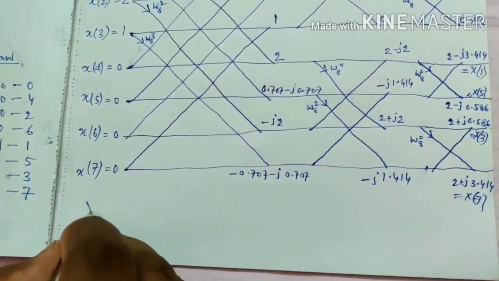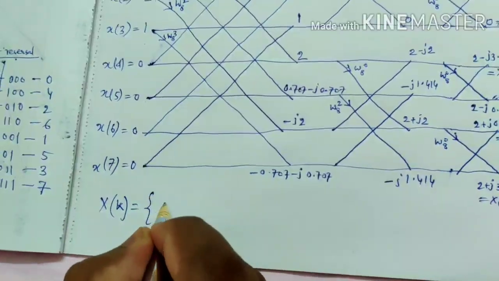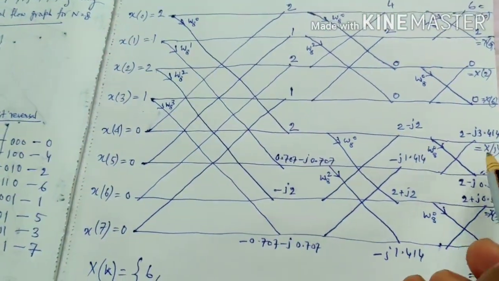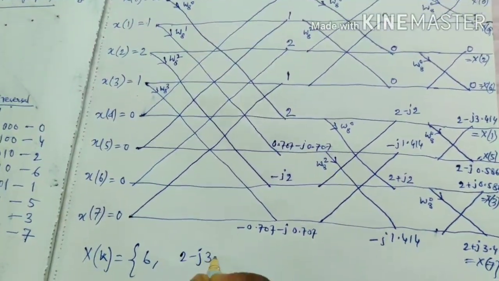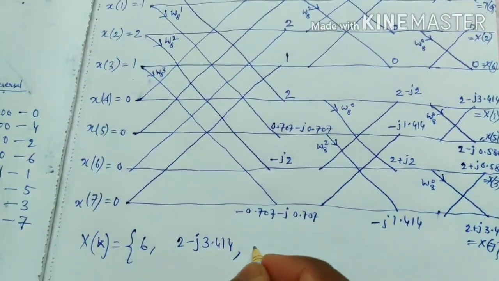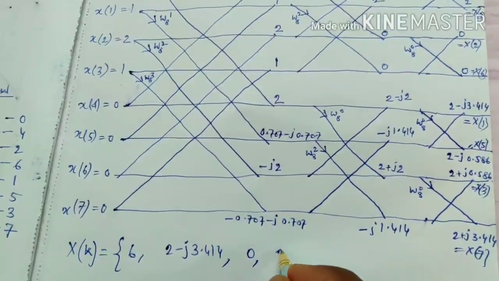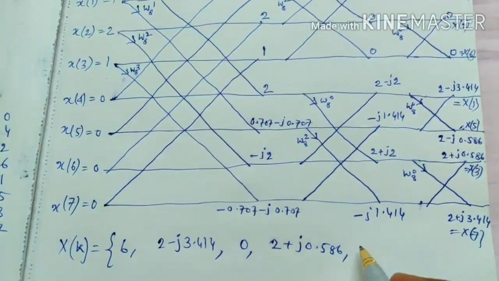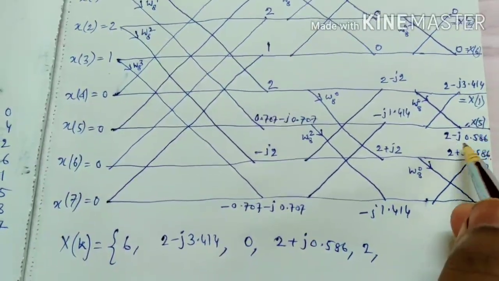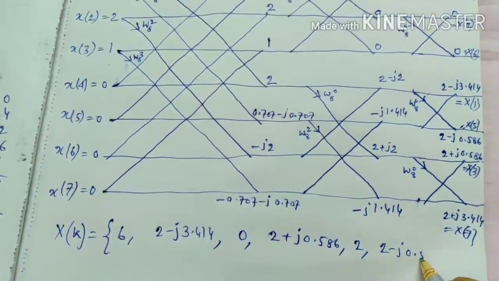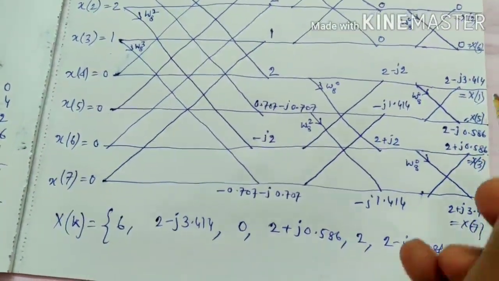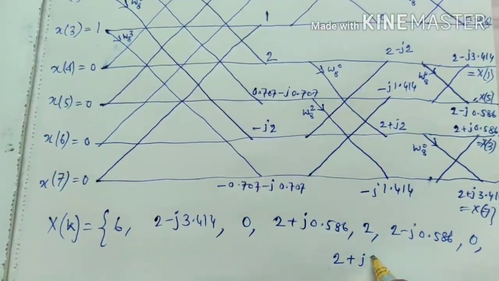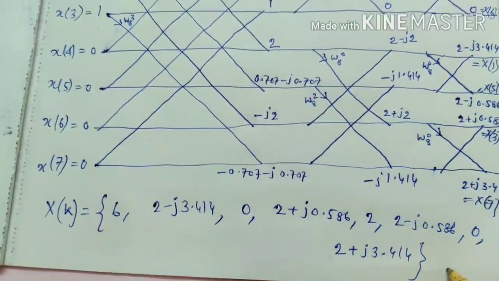So the output sequence will be like this: X0 is 6, then X1 is 2 minus j 3.414, X2 is 0, X3 is 2 plus j 0.586, X4 is 2, X5 is 2 minus j 0.586, X6 is 0, and X7 is 2 plus j 3.414. So that is the answer.